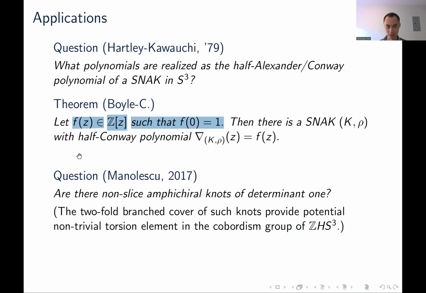And the second question, seemingly unrelated in the beginning, is due to Manolescu. What he asked is whether there are any non-slice amphichiral knots of determinant 1. Here, a knot is non-slice if it doesn't bound any disk in the four-ball. And a knot is said to have determinant 1 if and only if its two-fold branched cover is an integer homology sphere.